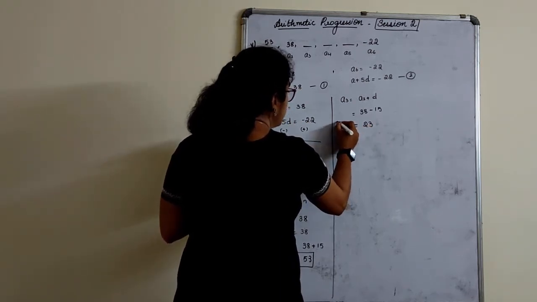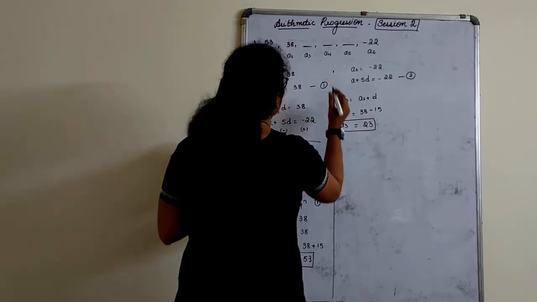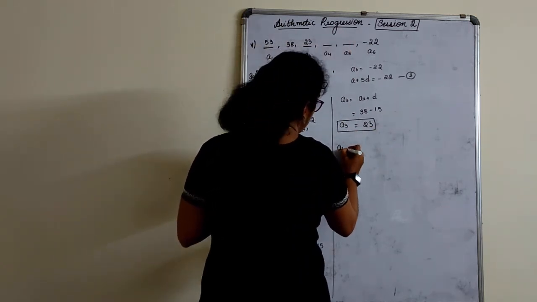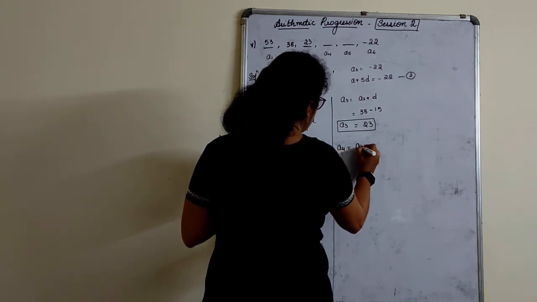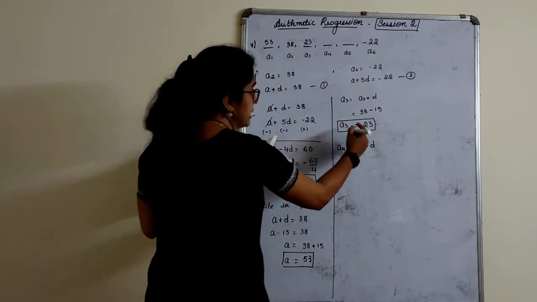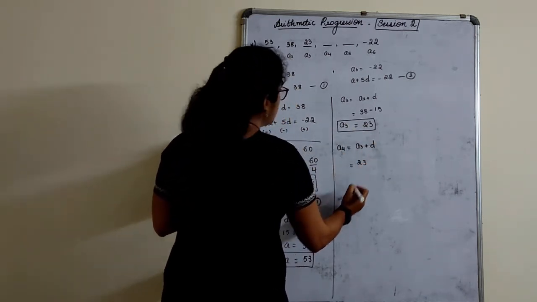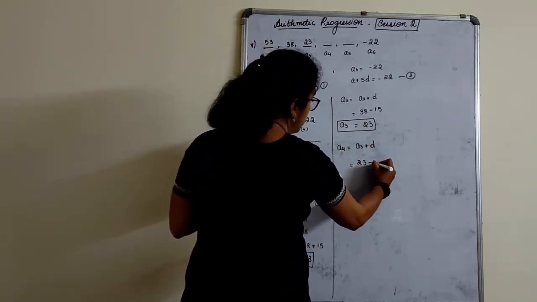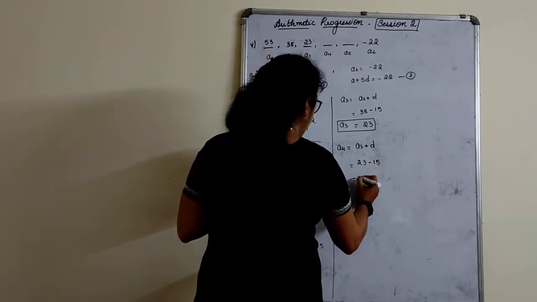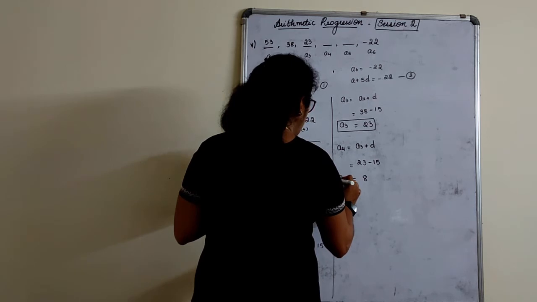So A3 is 23. Right here. A4 is written as A3 plus D. What is A3? 23. So 23. What is D? Minus 15. 23 minus 15 will give you 8, which is A4.